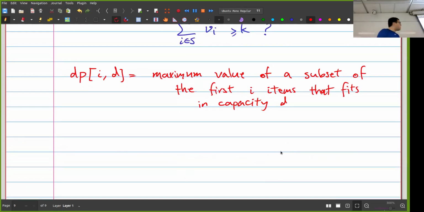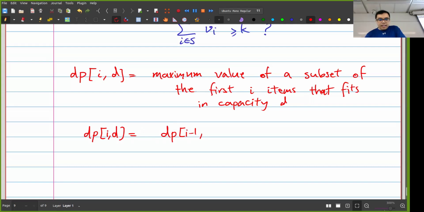So basically, it was a very simple idea. I'm either going to take the last item, item number i, or I'm not going to take it, right? So dp of i, D was this. If I take item i, I have to look at dp of i minus 1, and then my capacity decreases by the weight of the item that I just took.